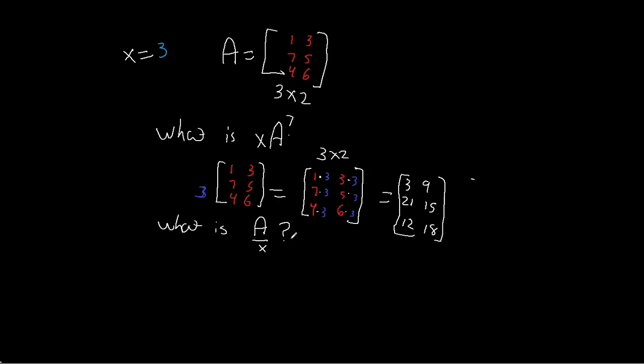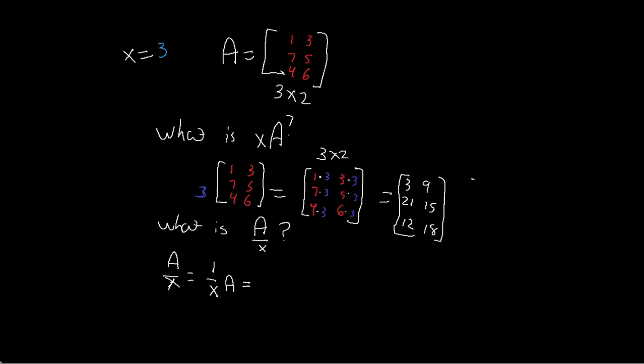Okay, so let's look at what it means to divide, A over x. We're going to rely on the idea that dividing is the same thing as multiplying by the inverse. So the inverse of 3 is 1/3. A divided by x, where x is supposed to be lowercase, is the same thing as saying 1 over x times A. This is the same as multiplying A by the inverse of the scalar.